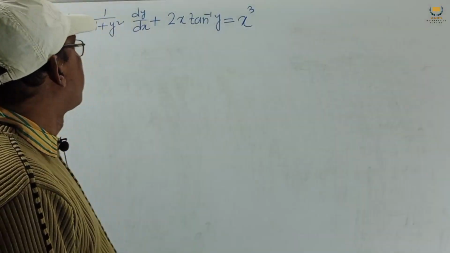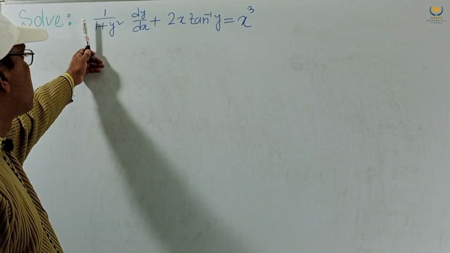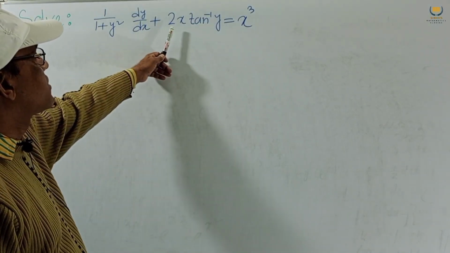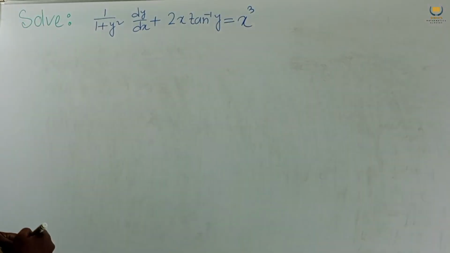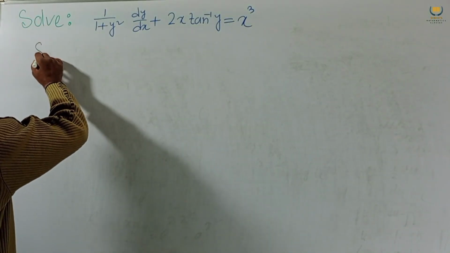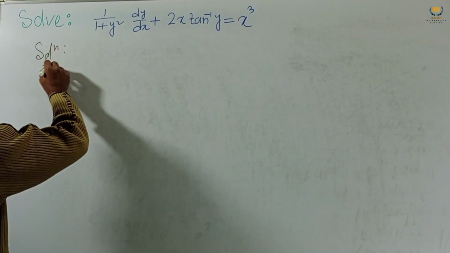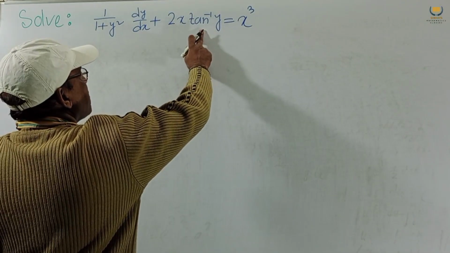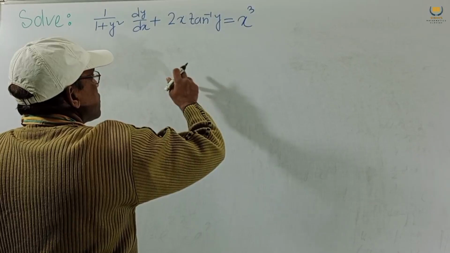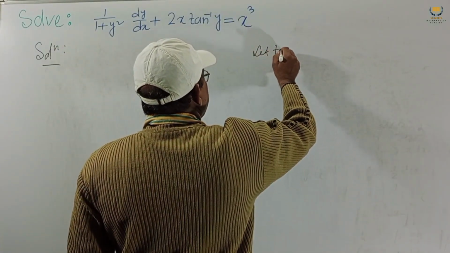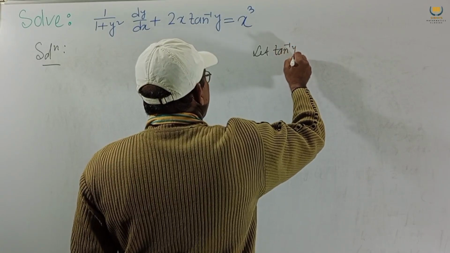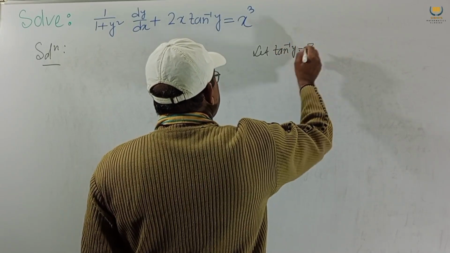This problem: 1 by 1 plus y square dy dx plus 2x tan inverse y equal to x cube. We have to solve this, and if we differentiate tan inverse y, we get this result. So initially consider, let tan inverse y equal to z.